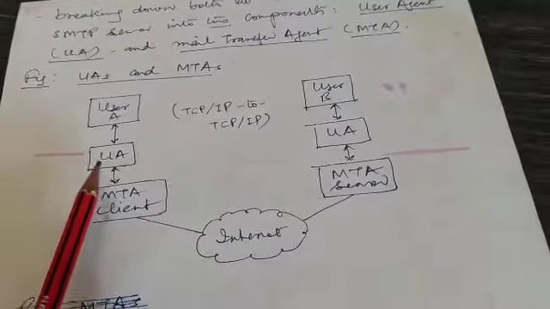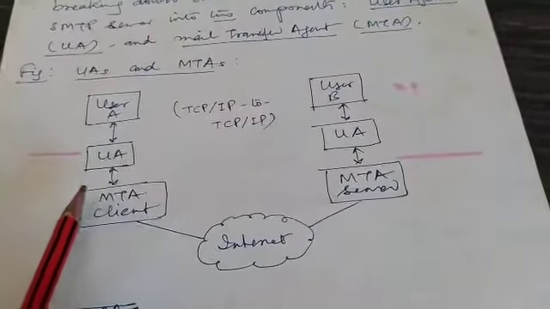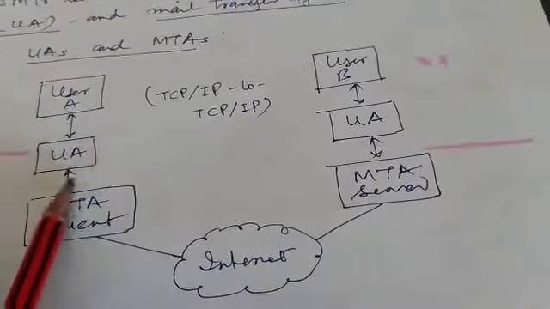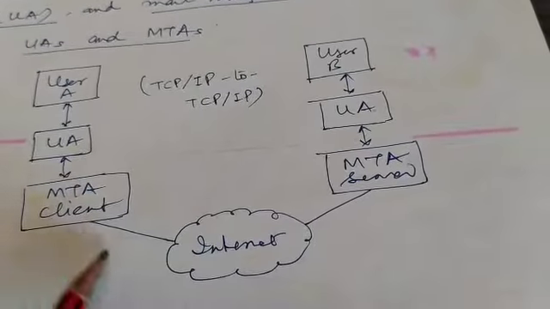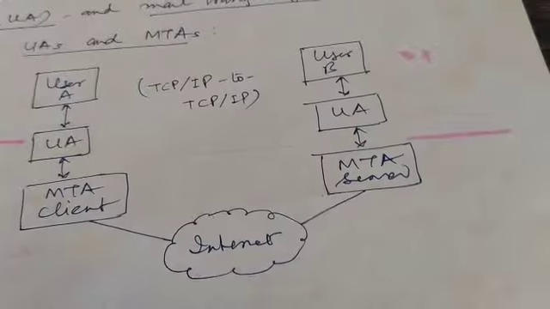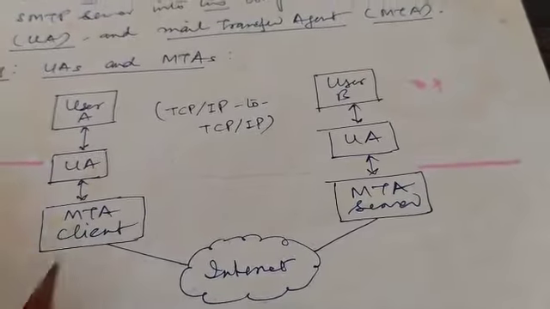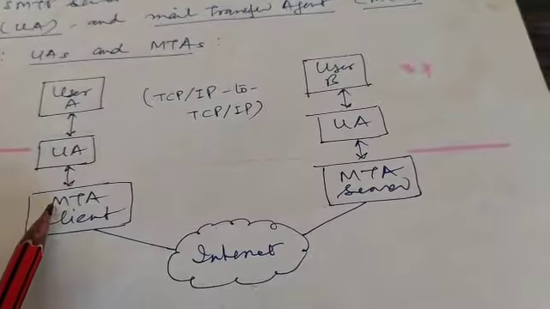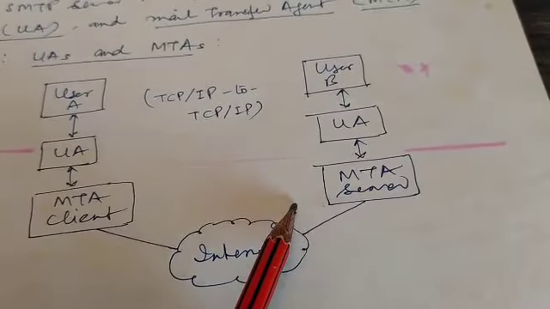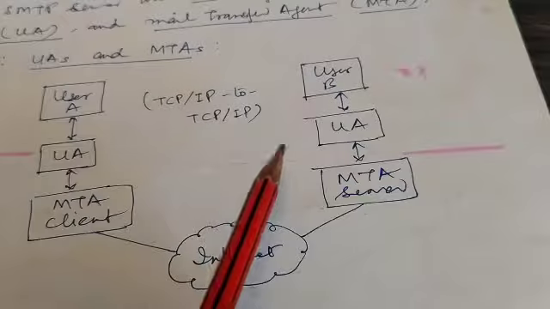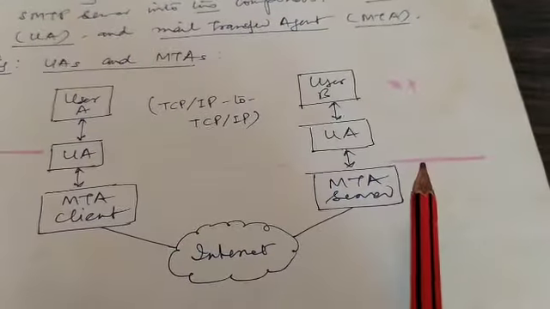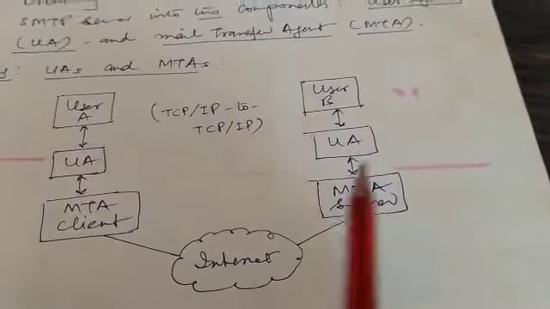Right, so whatever mail has come from the user, that mail is transferred by means of the MTA, that is the mail transfer agent. On this side, it will be responsible for sending the mail to the other side, right?